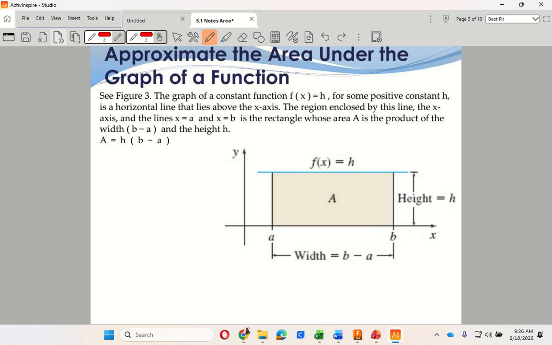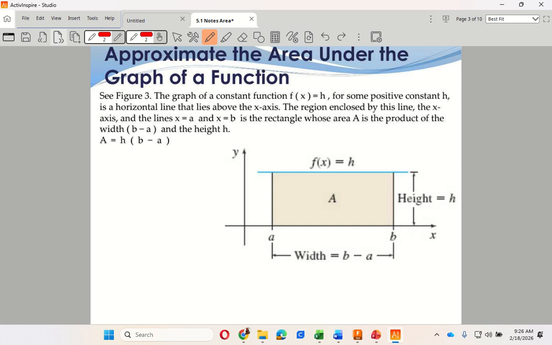So, right here, graph the constant function f of x equals h for some positive constant h, a horizontal line that lies above the x-axis. The region enclosed by this, the x-axis, and lines x equals a and x equals b is a rectangle whose area A is the product of the width, which is b minus a, that's important, and the height, which is h.